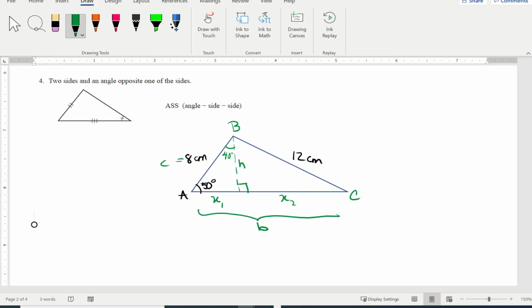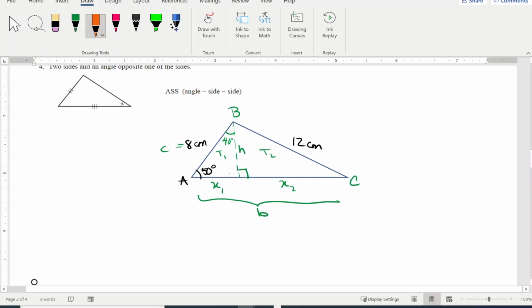Okay, let's start solving. We're going to look at triangle 1 first, so we'll label this T1 and this T2. Looking at triangle 1 first, we have an angle and the hypotenuse, so let's find what H is and what X1 is.